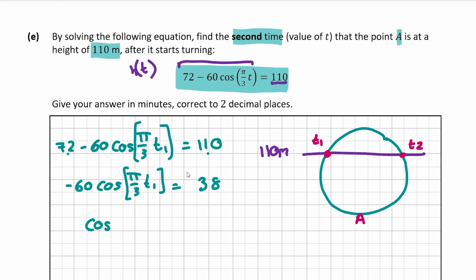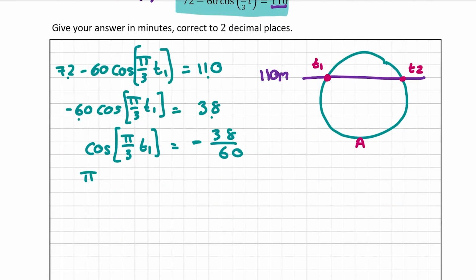So cos of pi over 3 t1 is equal to minus 38 divided by 60. So I'm bringing the minus 60 over here and dividing it under 38. Pi over 3 t1 is now equal to the cos inverse of minus 38 over 60.